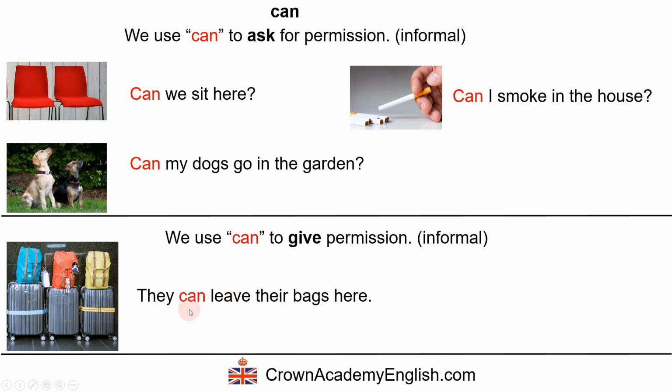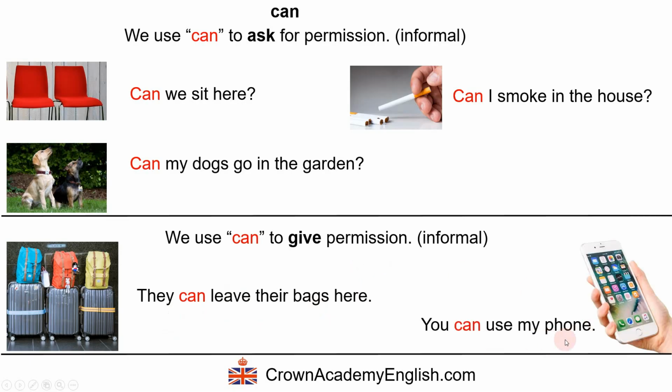This is an affirmative statement. We're giving permission. You can use my phone. So I'm giving you permission to use my phone. Subject, modal, base form of the verb. Okay, so we use can both for asking and for giving permission.